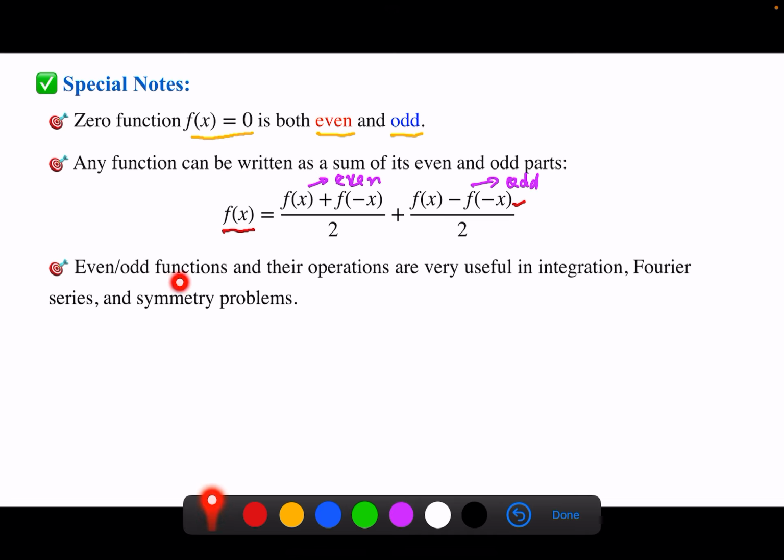Now, even and odd functions and their operations are very useful in integration, Fourier series, and symmetric problems.